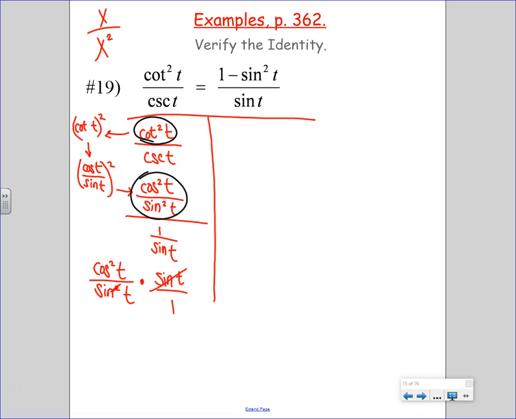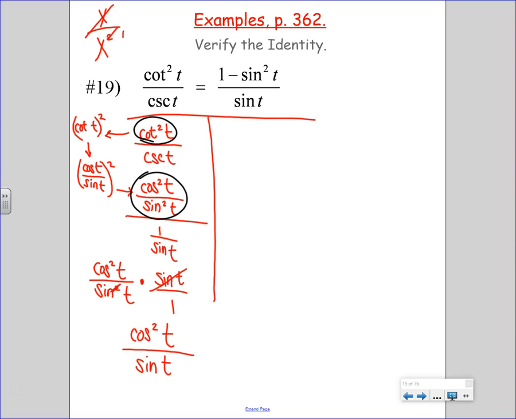You can think exponent properties: 1 minus 2, negative 1. Or think x times x, 1 cancels, 1 remains. That's what's going on here. When you reduce, 1 goes away. So that's how I get cosine squared of t, all over sine of t.